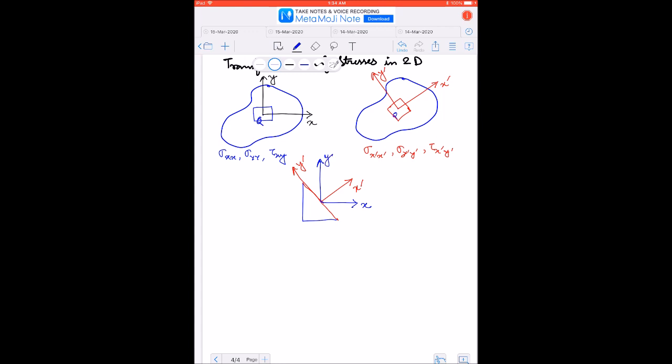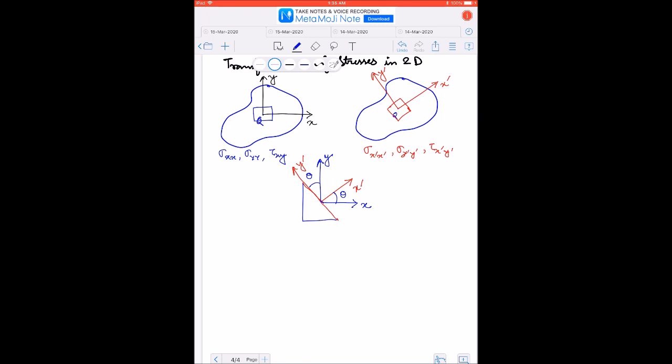The information which we absolutely know is the angle between x dash and x, or equivalently the angle between y dash and y. So we know this angle. Let's call that theta. Now what we want to do is carry out a force balance along the x dash direction first, and then a force balance in the y dash direction.